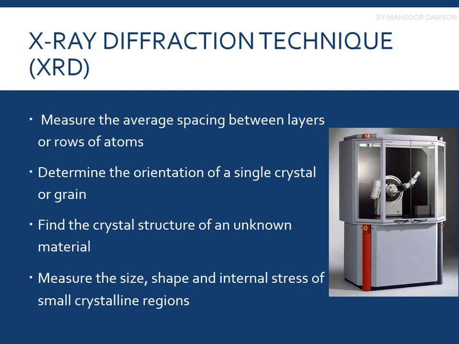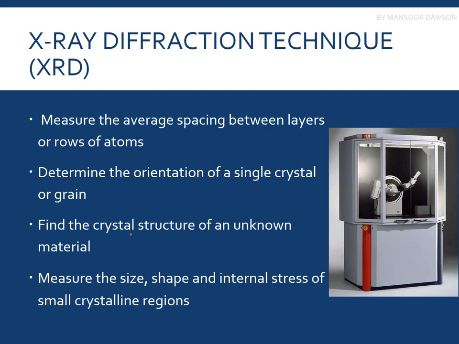If we want to identify compounds in a product or in a material, we use this technique which identifies the Miller indices, and then we compare it with the standard, and we get an answer of what kind of compound exists in our sample. It measures the average spacing between layers or rows of atoms, which determines the orientation of a single crystal or grain.